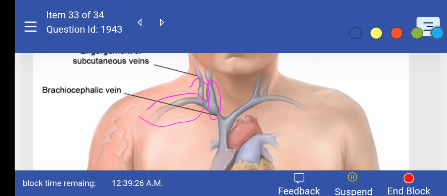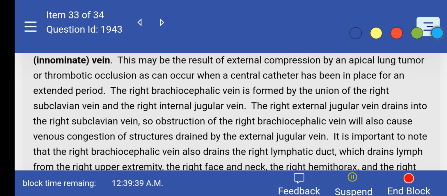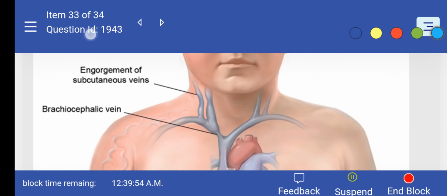The right external jugular vein drains into the right subclavian vein. So obstruction of the right brachiocephalic vein will also cause venous congestion of structures drained by the external jugular vein. As I mentioned, this one is the internal jugular vein, this one is the external jugular vein, and this one is the right subclavian vein.